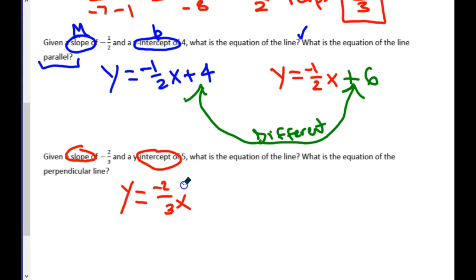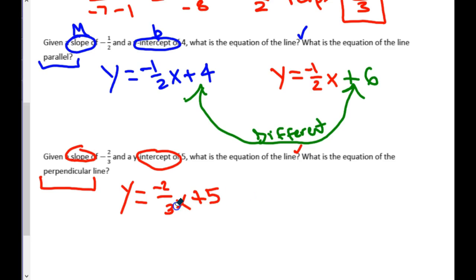And then what? Plus 5. That is my original equation. And then what do I do to get a, let's read it. We did this. What is the equation of the perpendicular line? Perpendicular means what? About the slope. Same or double change?